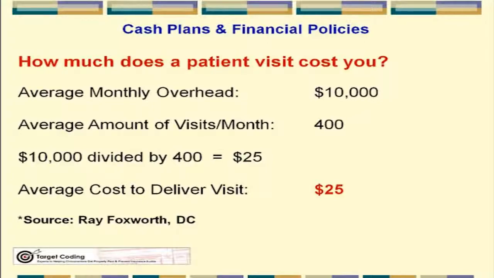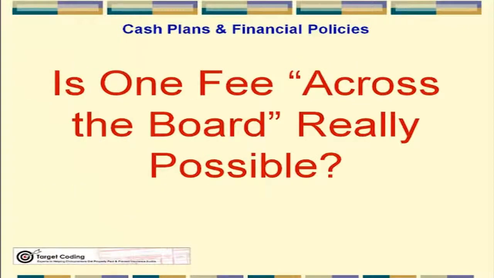At least most doctors will not be able to, and physical therapists cannot run a business only collecting $60, $70, $80 for an hour worth of service. So let me ask you a question. Is one fee across the board really possible? Is it possible to have every man, woman, and child come into your office and pay you the same fee? I don't think so.